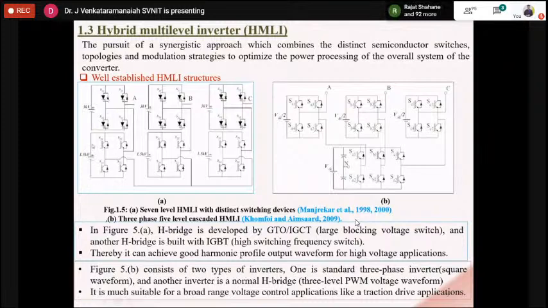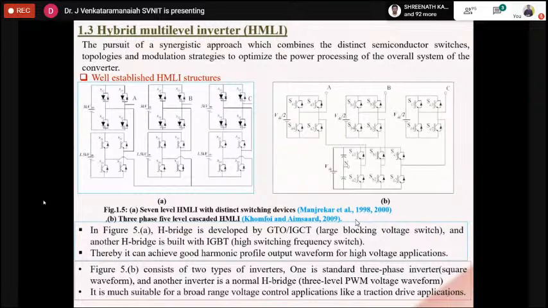And coming to the bottom switches, here this is IGBT, and we can operate IGBT compared to GTO at higher switching frequencies. So this can operate at higher switching frequency, and it can block higher voltages. So finally, it can achieve a good harmonic profile at the output waveform for higher voltage applications. So that's his intention.